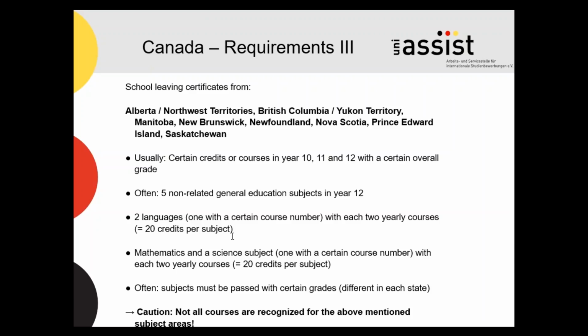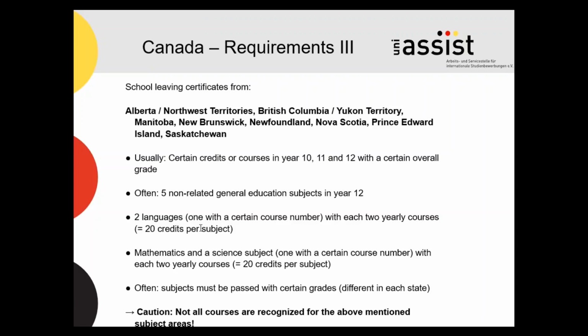A direct admission, applying with this school leaving certificate, as I said before, is possible only when you have one additional year of study from a recognized university in a bachelor program. But anyway, first you have to meet the requirements in your school leaving certificates. The requirements you can find on ANABIN. It's a homepage of the Central Board of Foreign Education.